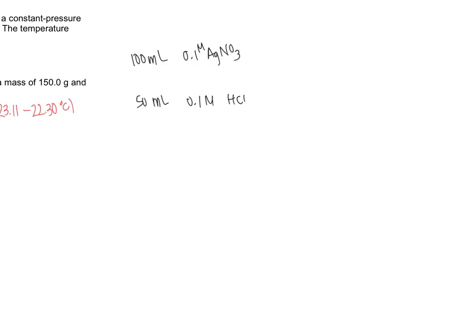So let's find out how many moles there are of each and convert to a product to see who the limiting reactant is. So I'm going to start with this one. We start with our volume, 100 milliliters, and I'm going to go 1,000 milliliters per liter, and then I can use my concentration to do 0.1 moles per liter of silver nitrate.